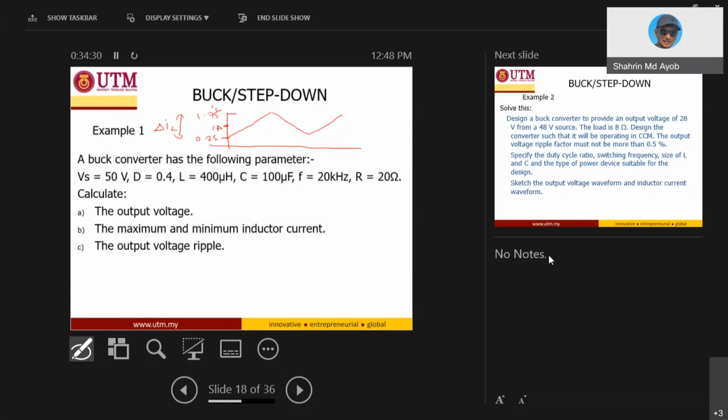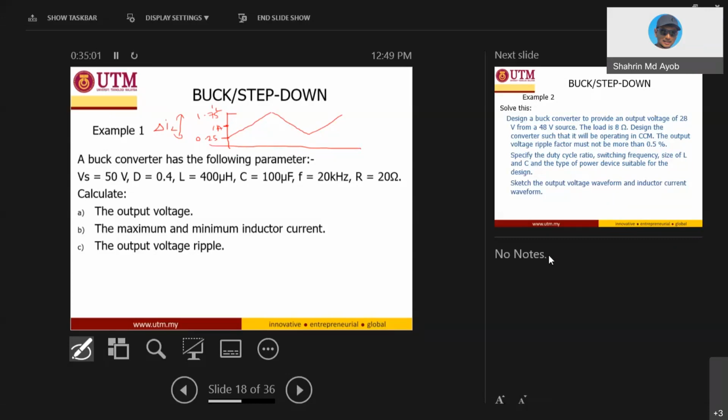From here, you should know that I max minus I min is actually delta IL. So delta IL should be around 1.5, right? 1.5.